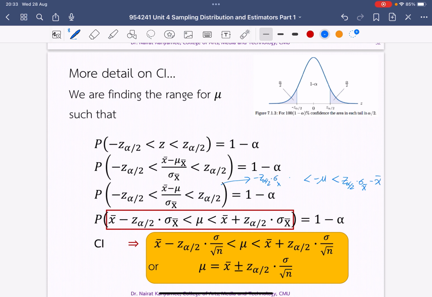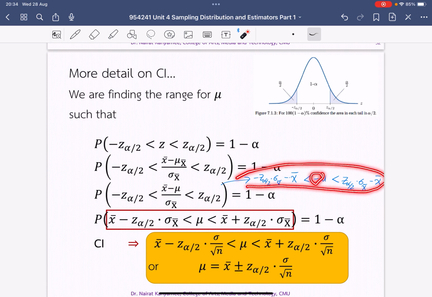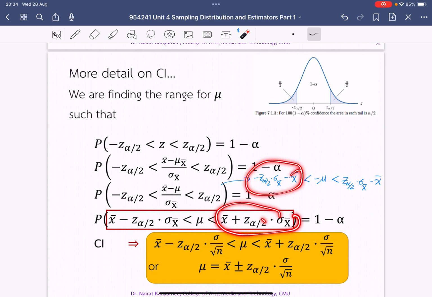When you multiply the whole thing by minus 1, you swap the inequality around, and you will get this one. This side will be this one if you multiply by minus 1.